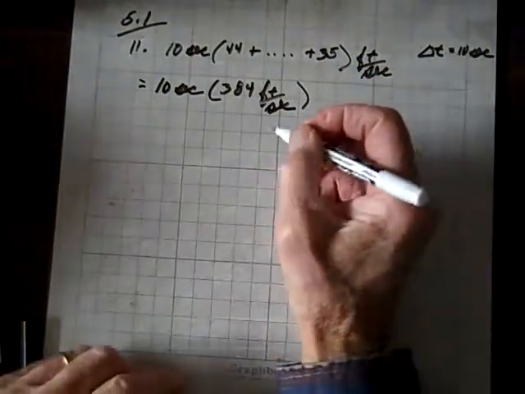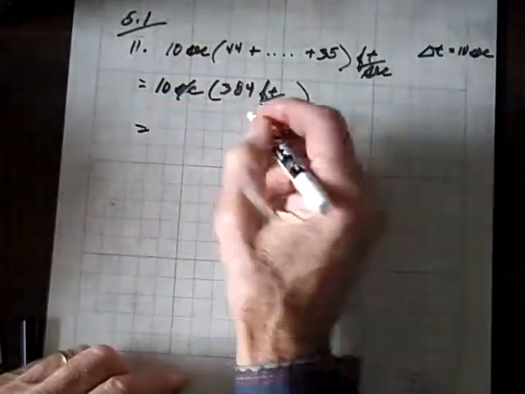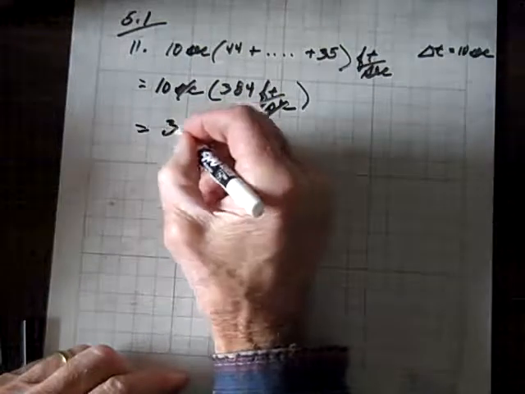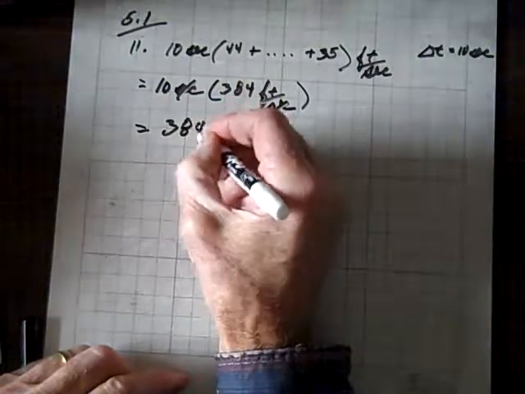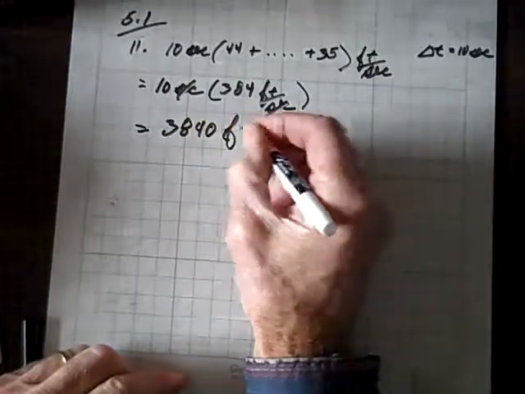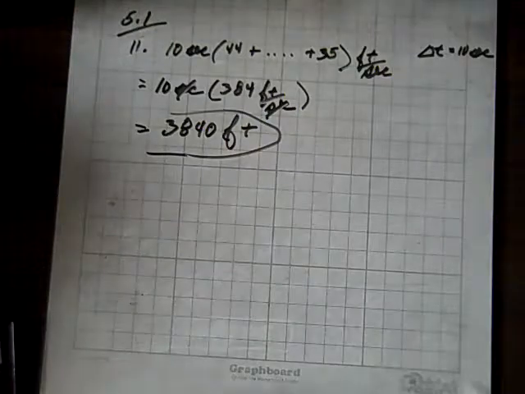The seconds divide out, and 10 times 384 is going to be 3,840 feet. And we are done.